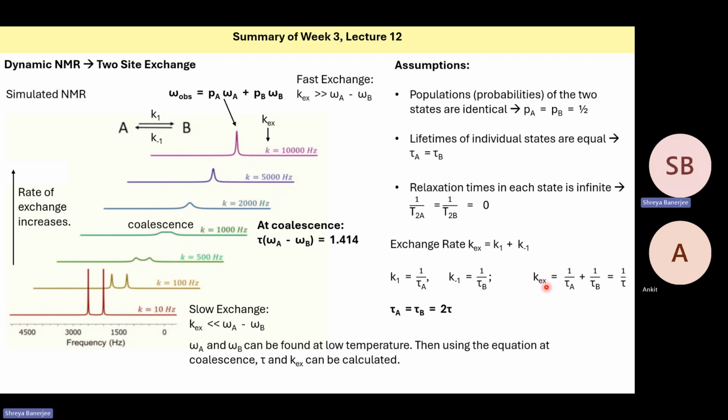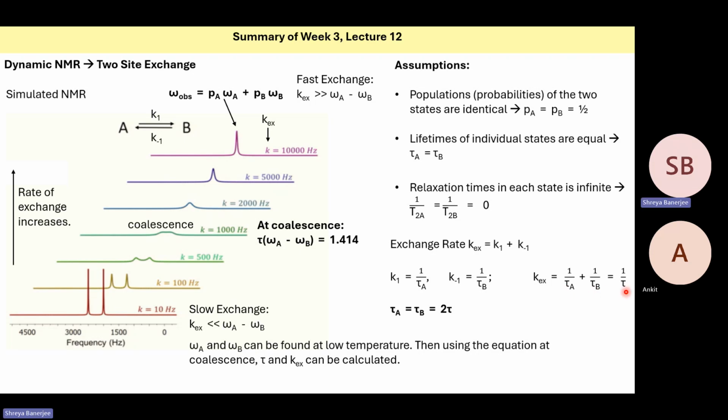K exchange is a term we have defined, which is a summation of the forward and reverse rates. Now 1 by tau is basically the net lifetime. When it is merging, it is like a single state. The reciprocal of the K exchange is defined by 1 by tau. So this tau is basically the summation of the reciprocals of the lifetimes of the two states.